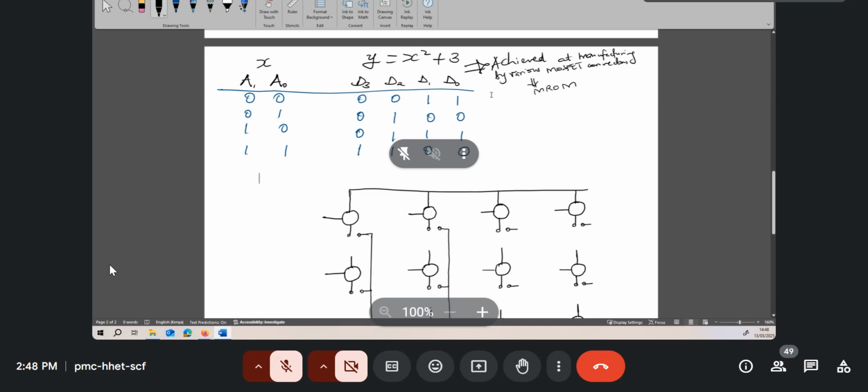That is the results, the values of y that we need to store in MROM. I mean, we have already calculated the results here. How many values do we need to store of y?